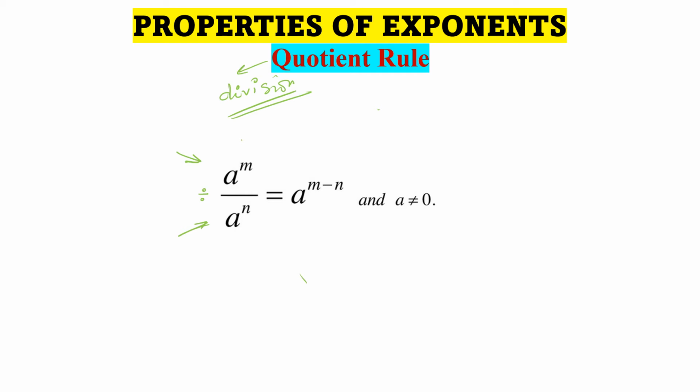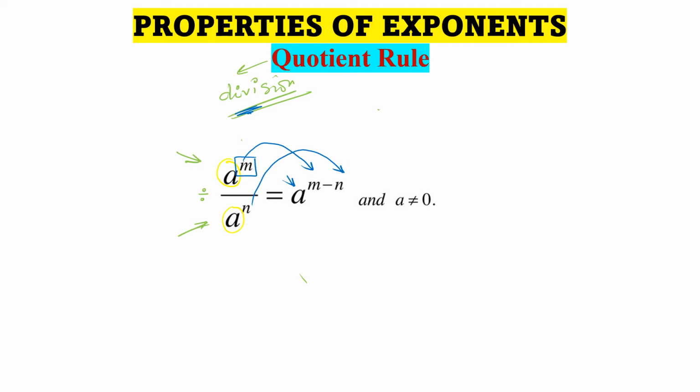But what is important? That this a is same. So if the base is alike and it is divided, then you write the base as it is. The first power you will write with no change because it is on the top. And the second power you will write with the negative sign.